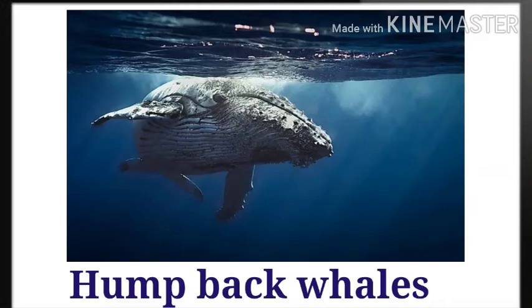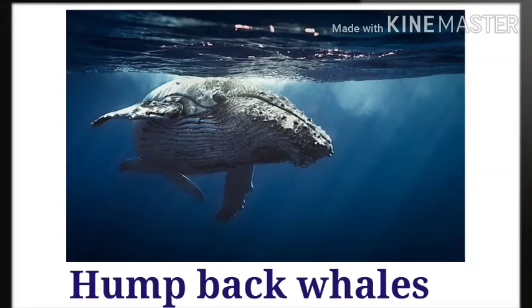Humpback whales traverse the Earth's ocean from North Pole to the South Pole. During winter, these mammals migrate to warmer waters to breed and give birth. But during summer, they migrate to the cooler water to feed.